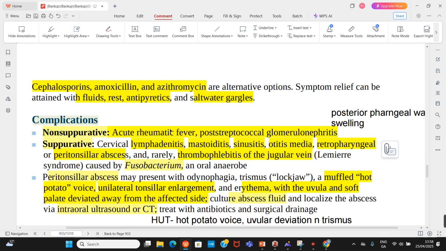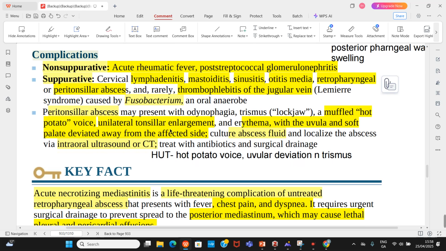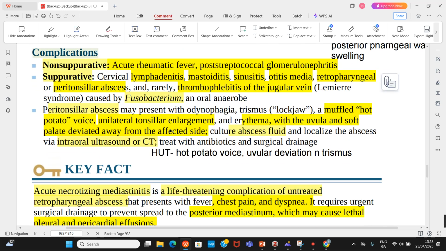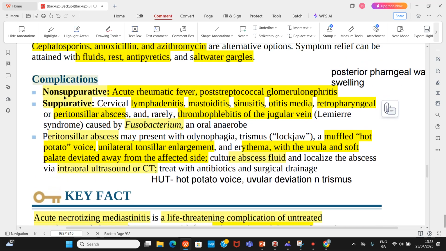So what are the complications of pharyngitis, especially group A strep pharyngitis? It can cause non-suppurative and suppurative complications. For the non-suppurative, think about the immune-mediated, autoimmune ones like acute rheumatic fever and post-streptococcal glomerulonephritis. We have said that the only one that antibiotics can protect against here is acute rheumatic fever.